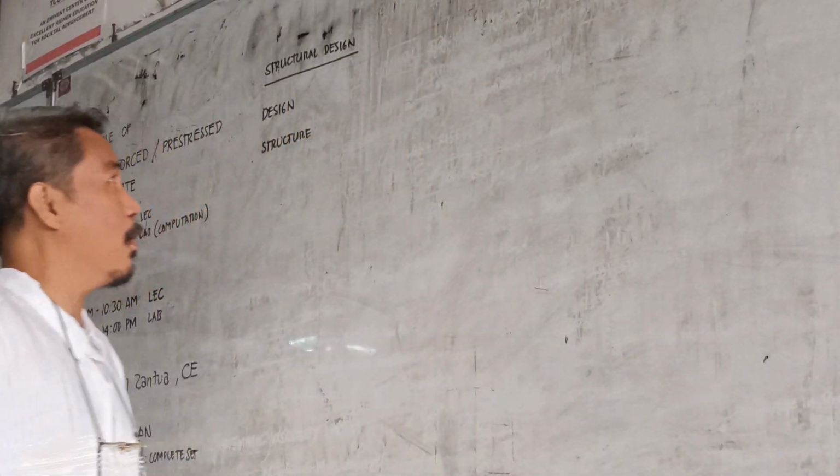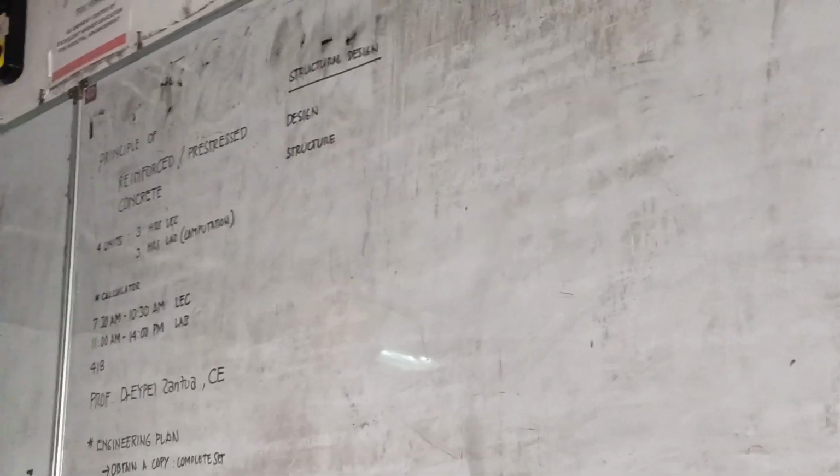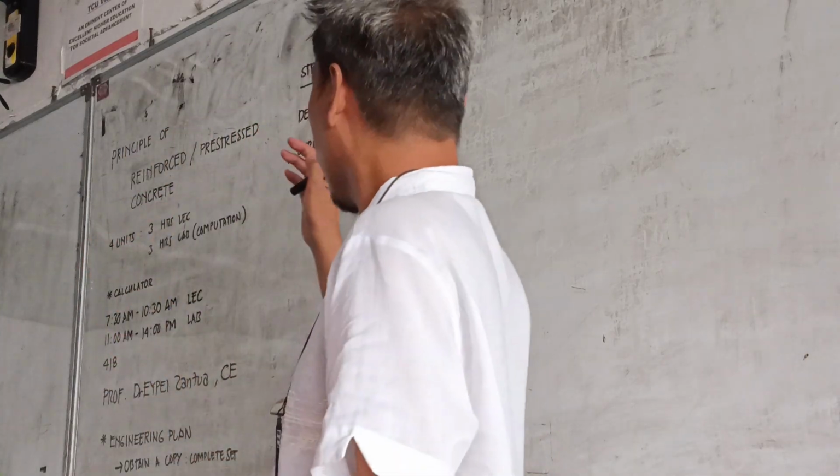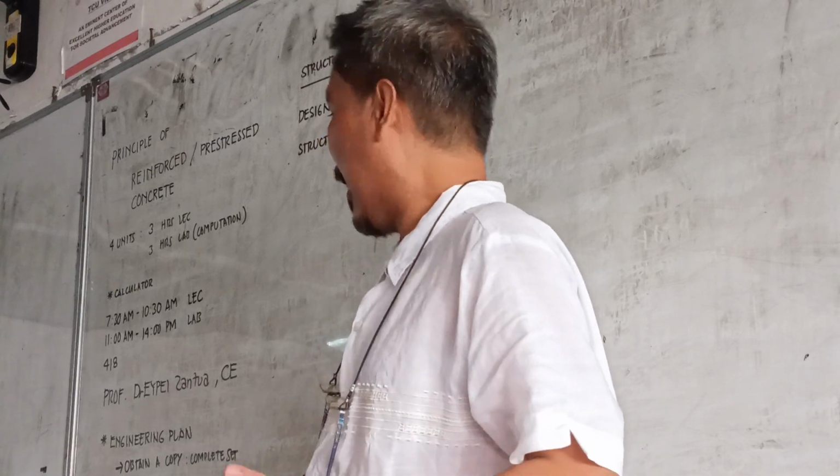Okay, let's start. So we have to discuss therefore what is the relationship of our course to structural design. Structural design has as a prerequisite structural theory, wherein we talk about the principles and methods on how to analyze the structural elements.